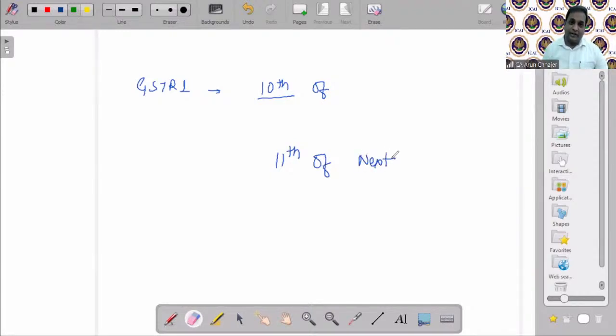What is the due date of GSTR1? As per the provision of GST law, that is the 10th, but the commissioner has the power to extend. They have extended it and a notification has been issued. If it is monthly, GSTR1 is to be filed by the 11th, and if it is quarterly, by the 13th.